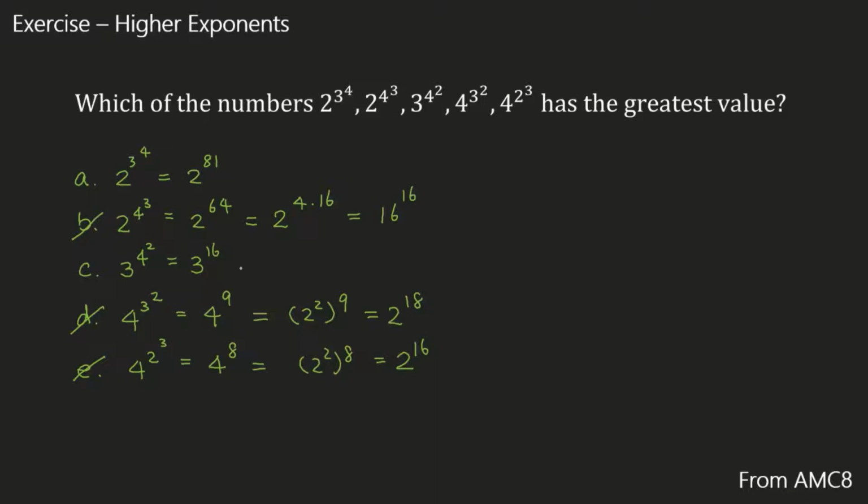So now these two numbers have the same exponent. Okay. When the exponent are the same, the higher the base, the larger the number. Okay. So here B is larger than C. Okay. Since A is larger than B, then A is larger than C. So C is also eliminated. Okay. So here the final answer, A is the largest number.